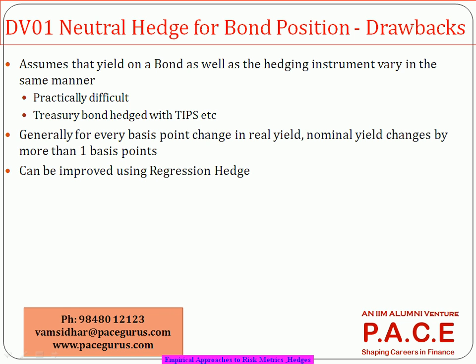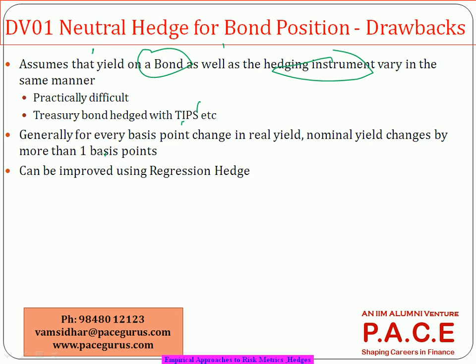Because the DV01 position typically assumed that all the yields will move in parallel, whether it is the bond or portfolio which we want to hedge versus the instrument with which we are trying to hedge. All of them assume that the yields move in a very parallel direction, which is not the reality at all.